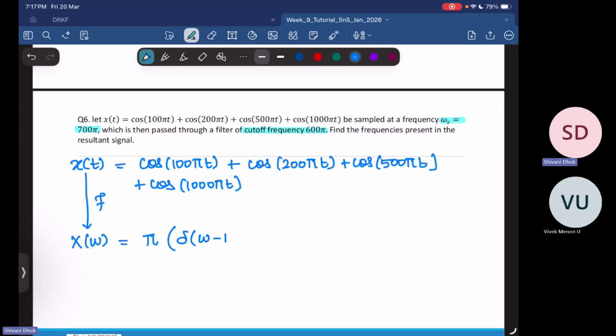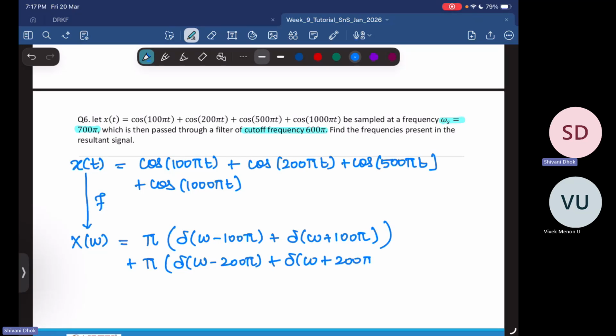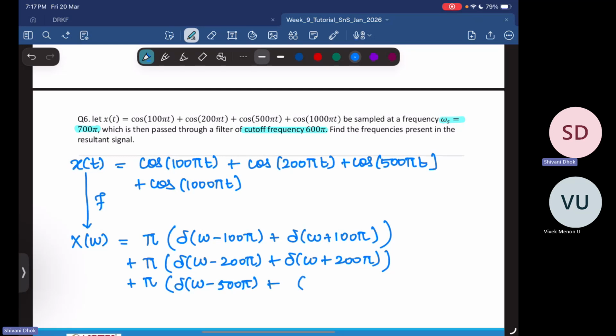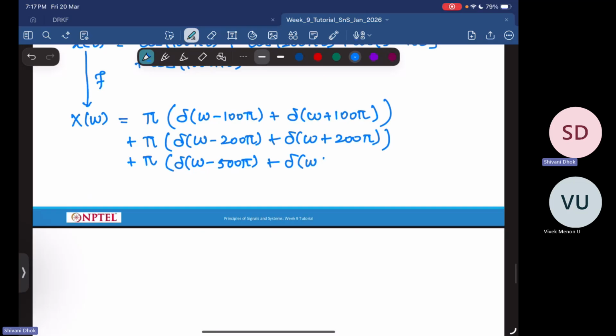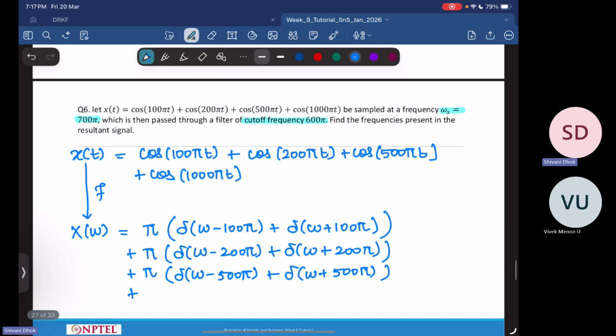So delta omega minus 100 pi plus delta omega plus 100 pi, plus you have pi delta omega minus 200 pi plus delta omega plus 200 pi, plus you have pi delta omega minus 500 pi plus delta omega plus 500 pi, and finally you have one more at 1000 pi.